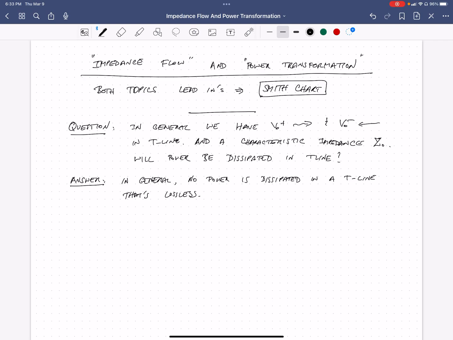But eventually, possibly after many reflections, all the power will be delivered to the load.